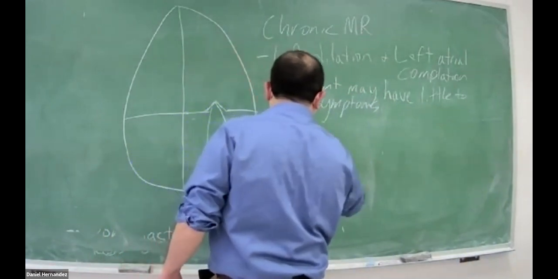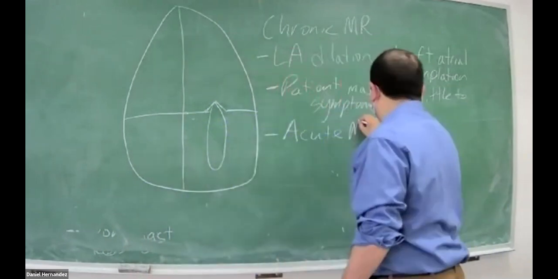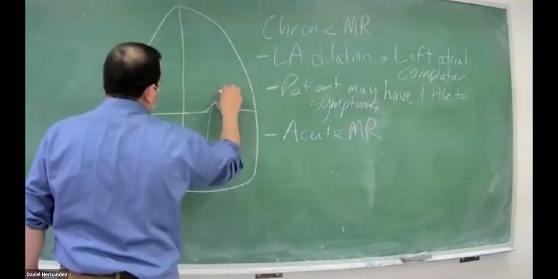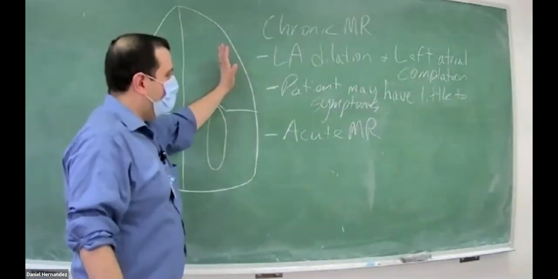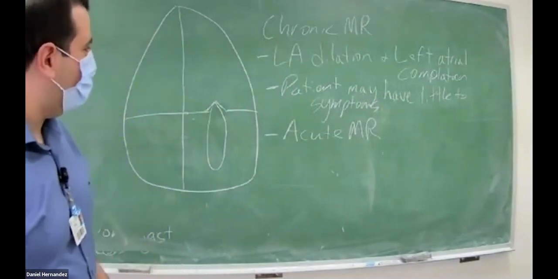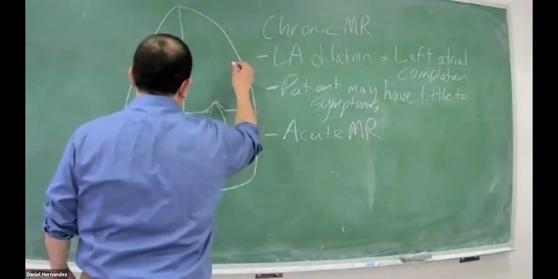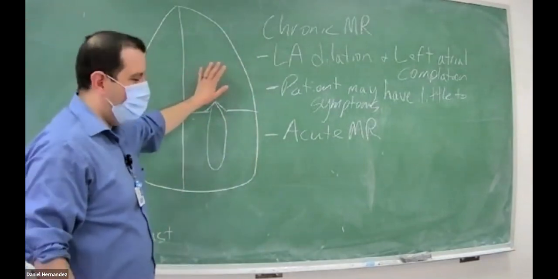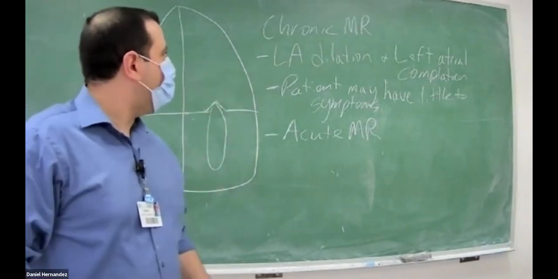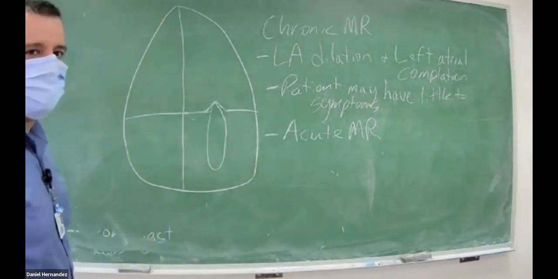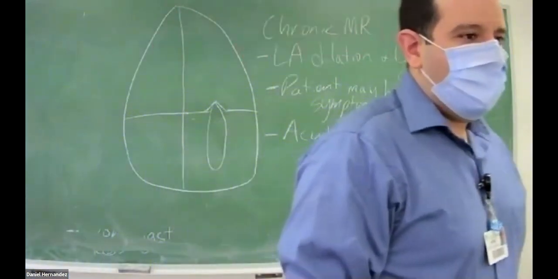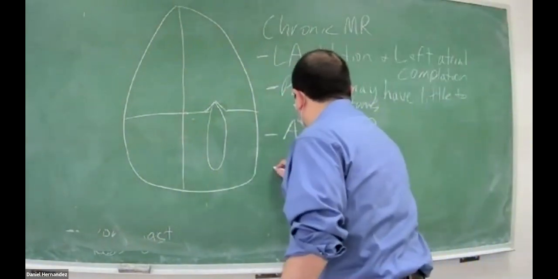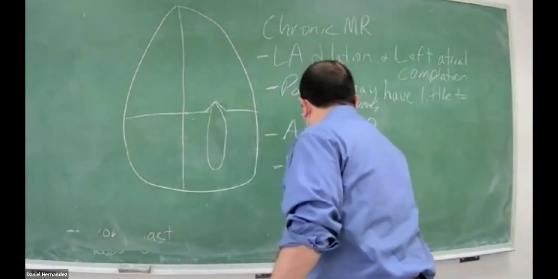So acute MR. If we have MR as a result of, say, a papillary muscle rupture, or a cord that ruptures and all of a sudden now you have severe MR, or if the patient developed a vegetation that's now causing acute or sudden onset of mitral regurgitation, the patient will exhibit significant symptoms.